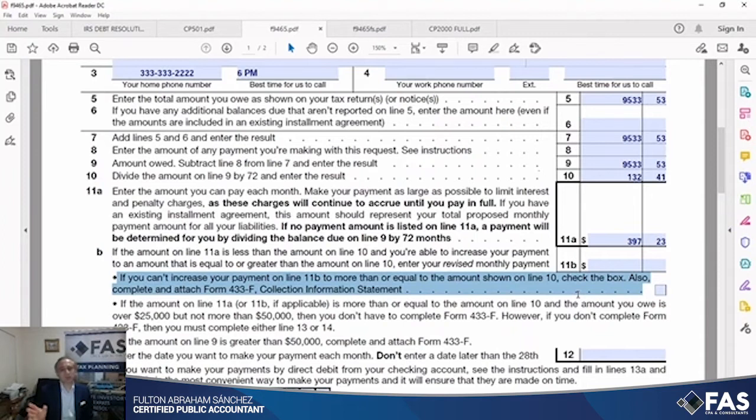I know that many people say, let's just try, maybe they'll accept it. Only someone who is not familiar with offer in compromise and with solving IRS debt problems will give you that kind of suggestion. A professional that is knowledgeable about solving problems with the IRS will never tell you, do this just in case. He or she will tell you, do this and you will receive an answer based on experience, or don't do this because it will not work.